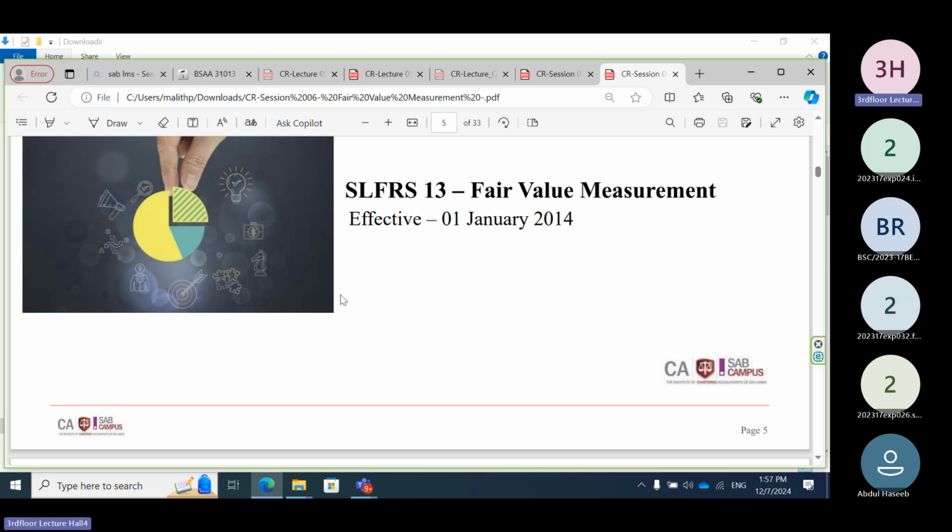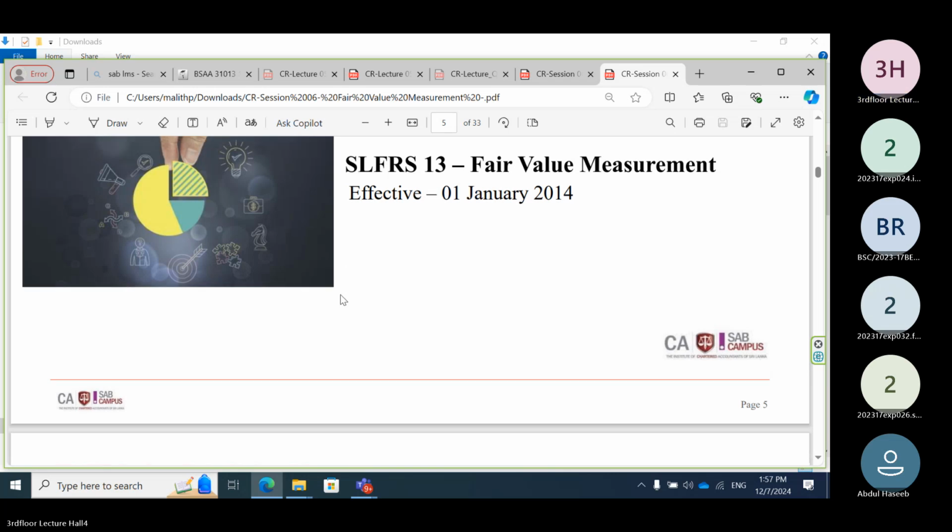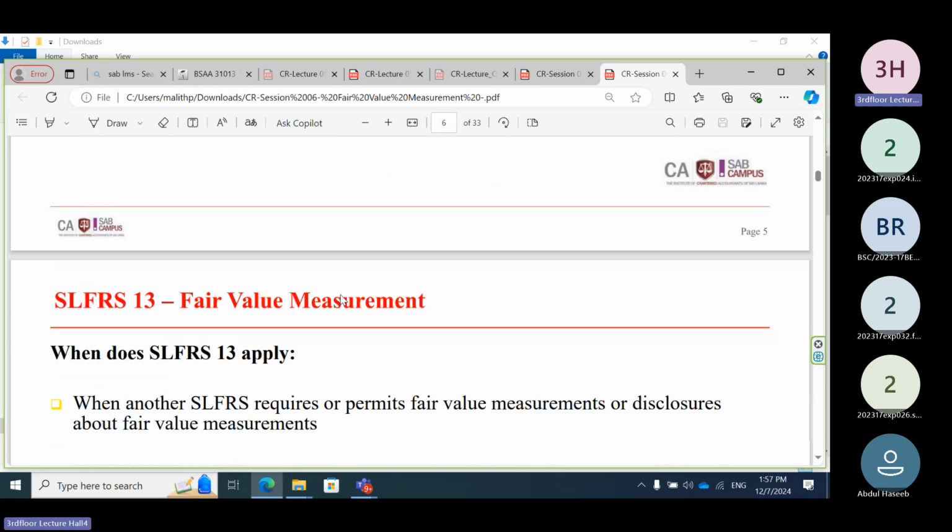They are missing many deferred tax treatments. So as an accountant, you need to focus on deferred tax treatments and implications. Keep in mind. Going back to the session topic, it's about fair valuation.